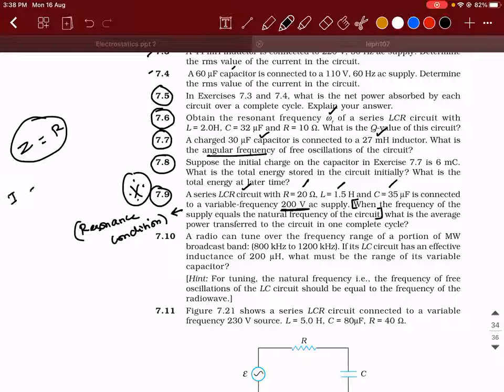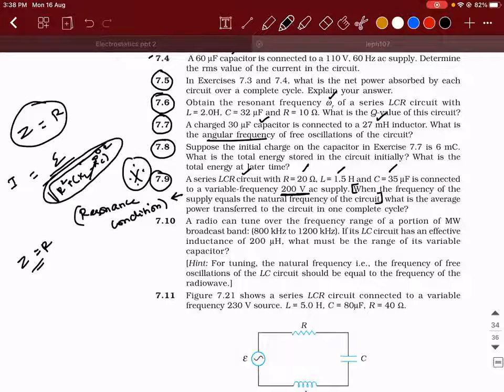Because I is equal to E divided by root of R square plus (XL minus XC) the whole square. During resonance, XL and XC are equal, so they cancel and it becomes zero. So the denominator will be R, which means Z becomes equal to R. What I'm trying to say is, in resonance condition, a series LCR circuit is very similar to a pure resistive circuit.